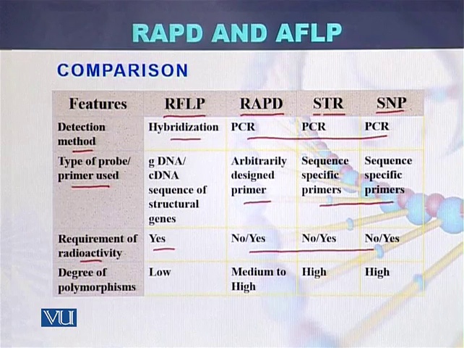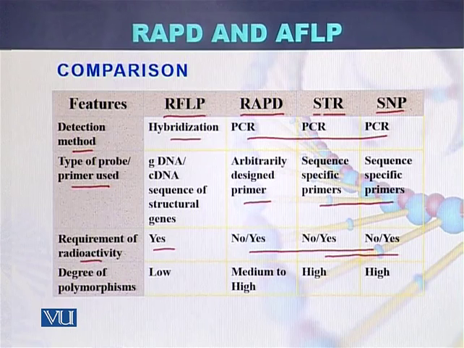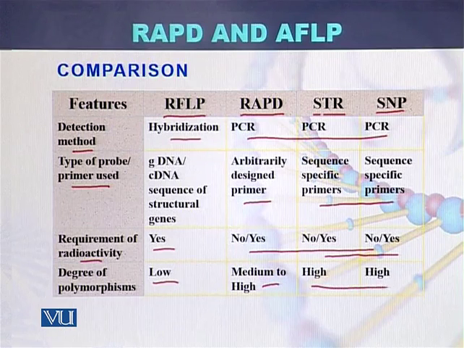But in the case of STRs and SNPs, most often fluorescent dyes are used to perform the STR analysis or the SNP analysis. Degree of polymorphism, in the case of RFLP it is low, while in the case of RAPD it is medium to high, and these two techniques, STR and SNPs, have a high degree of polymorphism.